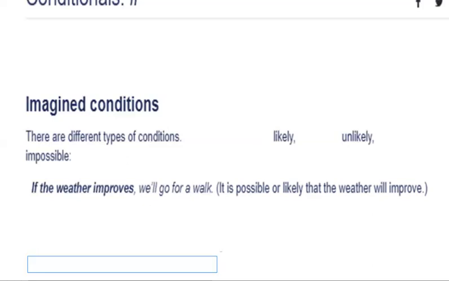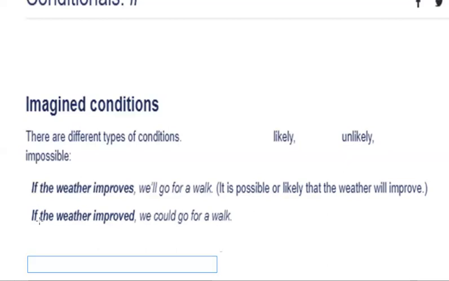Now we will make the unlikely situation, and in order to make the unlikely situation, we will see the same example. If I say, if the weather improved, then we could go for a walk.